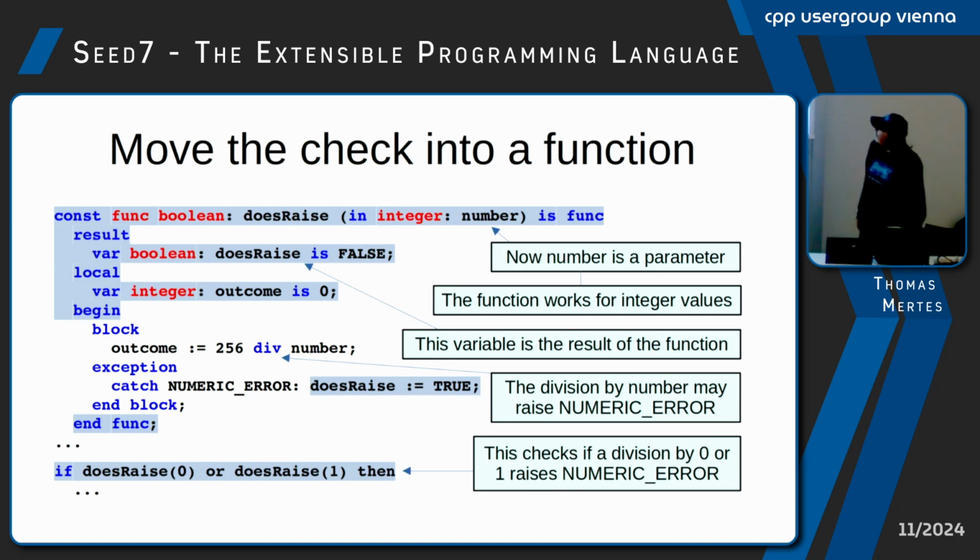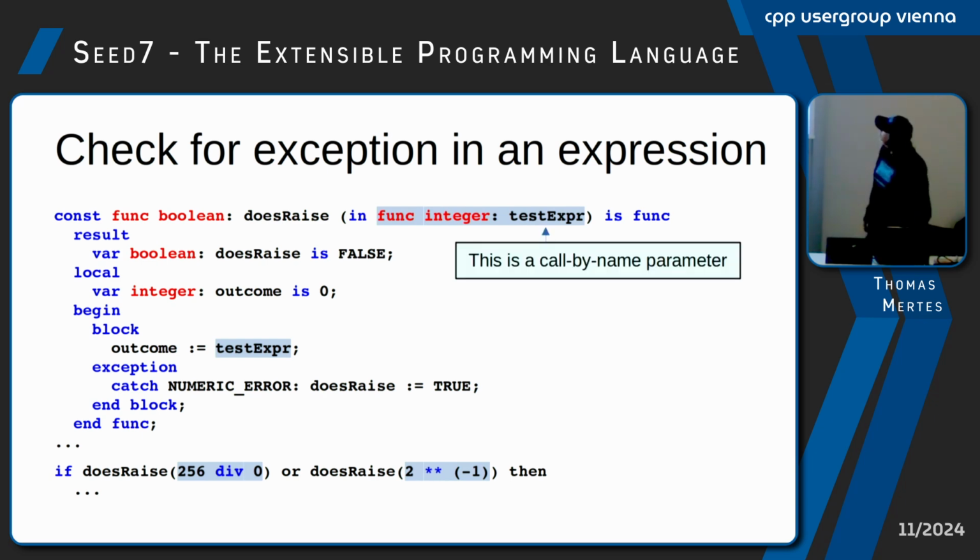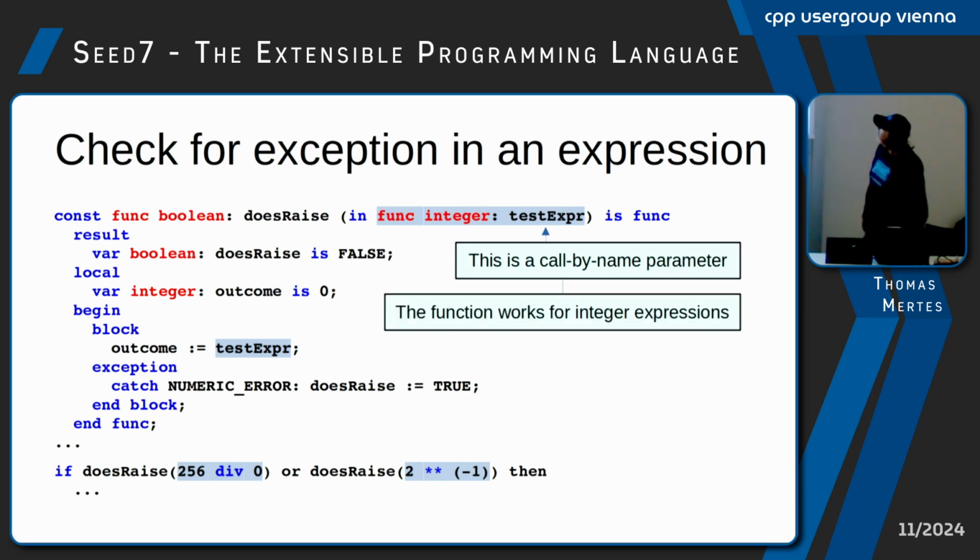But as we said, this function works for integer numbers, so integer values. We change it to a call by name parameter, and now it can work. This is the call by name parameter here, function of result integer, and now the function works for integer expressions.